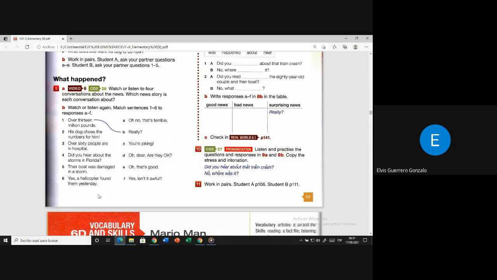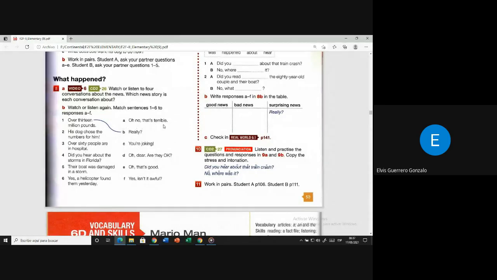Here we have the reactions, no? The reactions about some news. For example, over 13 million pounds. Really? His dog chose the numbers for him. Ah, you are joking. Estás bromeando. Over 60 people are in hospital.